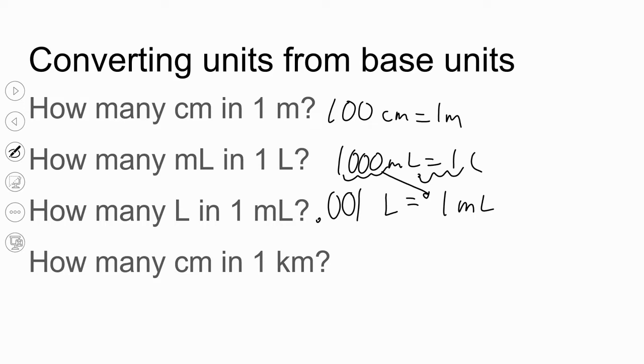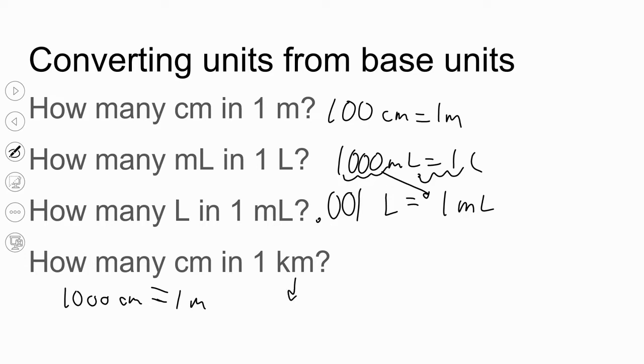Okay, how about this one? How many centimeters in a kilometer? How are we going to figure that out? Can you walk us through your thought process? So it takes 100 centimeters to get 1 meter. So if you multiply that by 1,000 meters, then it's 100,000.